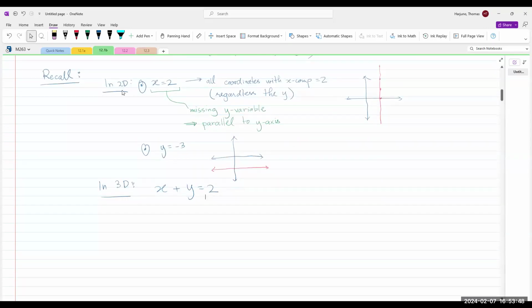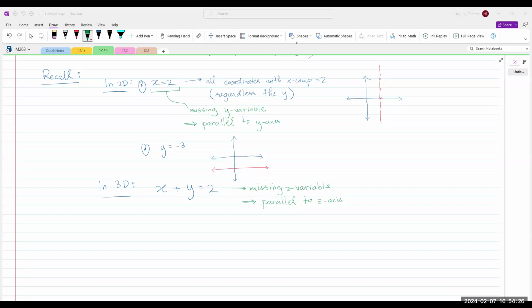This is 3 dimensions, so it's supposed to have 3 variables, but because we are missing the z variable, it means the graph will be parallel to the z-axis. Now, what you do then, first, try to graph that in 2 dimensions first.